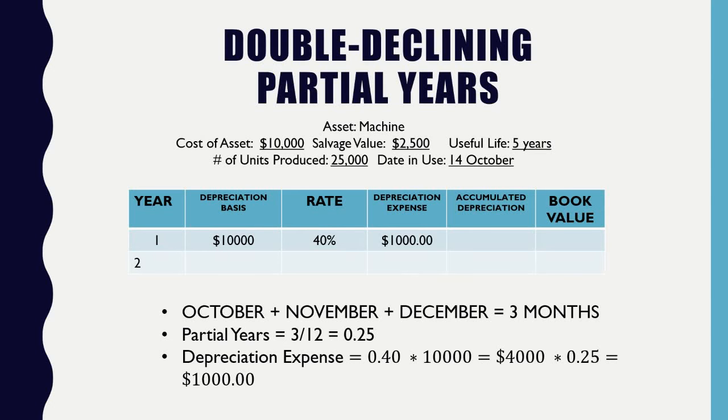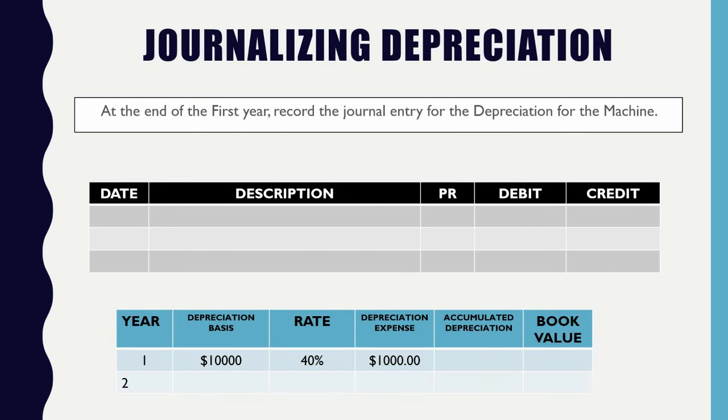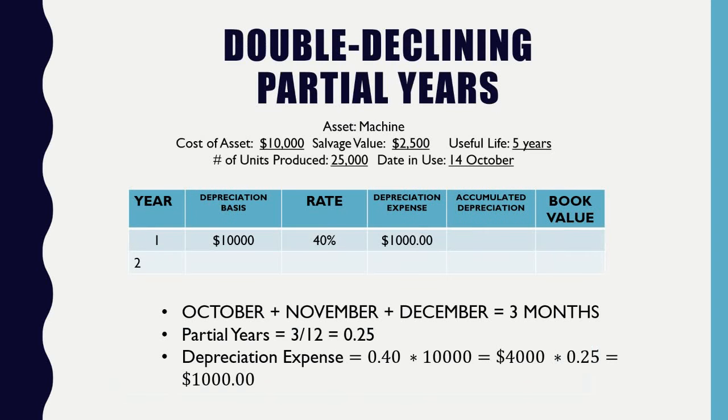This is going to apply across as well, because the depreciation expense is going to change again because of its book value. So in this case, the accumulated depreciation is going to be 1,000, and then you just subtract it.